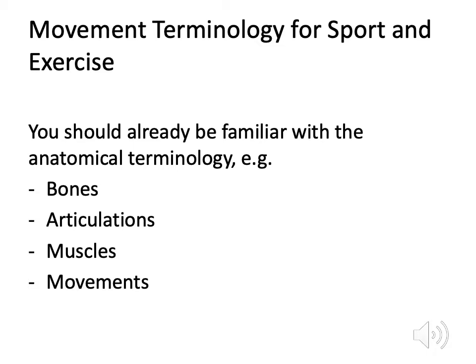We need to know, or we should already know, a large range of muscles within the body, hopefully quite detailed, and be able to link them to the origins and insertions, which, like I say, should link them to the skeletal system. And we should also be familiar with a good range of movements and the correct terms for those. So we're thinking about things such as flexion, extension, abduction, adduction, circumduction, rotation, and the list goes on and on.